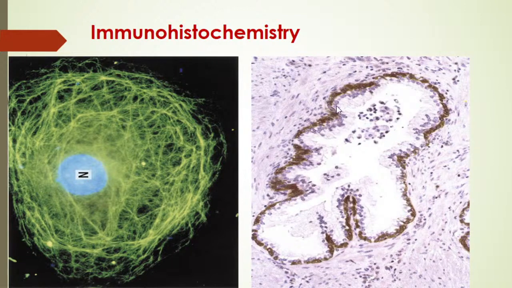All other cells are blue and pink, that is hematoxylin, but this is brown color, these are basal cells, which are identified with alkaline phosphatase.